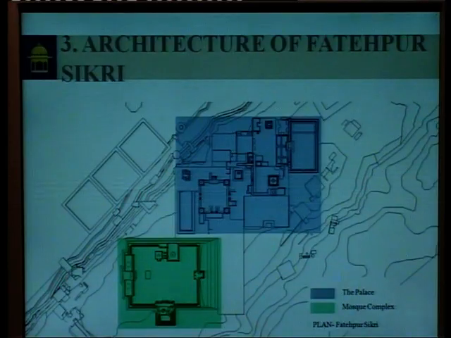This is more in detail. So now you should be able to identify that the blue part, as I have been telling, is the palace, and the green part, which is at the bottom, the north is towards the top, is the mosque complex. So the mosque was a very integral part of the palace.